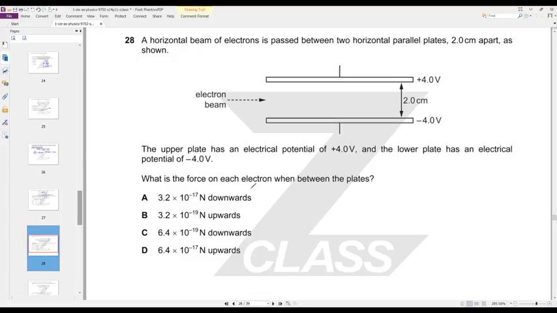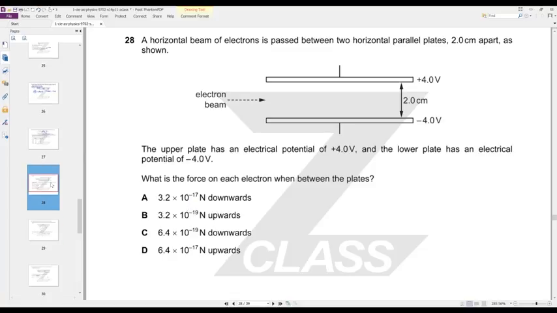So in this case, electric field is potential difference divided by separation. Potential difference total is 8 divided by separation, which is 2, gives you a 4 newtons. And then it's 2 centimeters actually, but the point stands. And then you're just multiplying that by the charge of 1 electron to get your force. Yeah, okay, that one's not too bad.